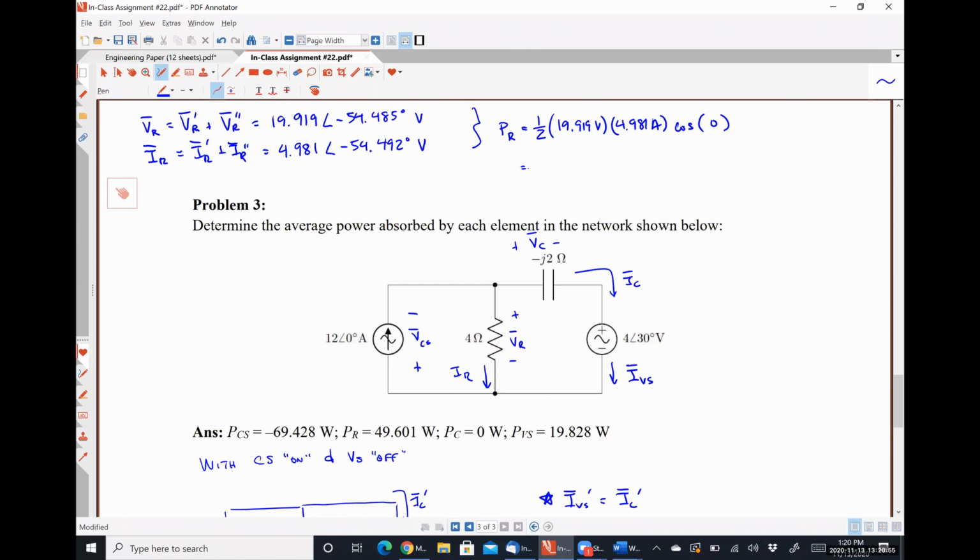And so this is 0.5 times 19.919 times 4.981. We get 49.608 watts. So pretty close with a little bit of rounding error. And we would repeat that process of adding all our voltages for our capacitors and inductors, and then do the exact same process, but 3 more times.